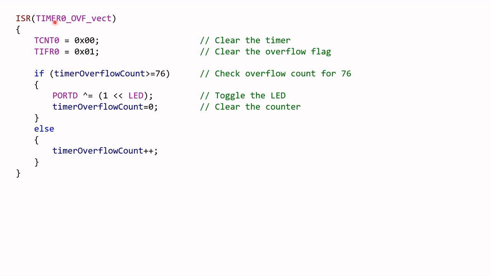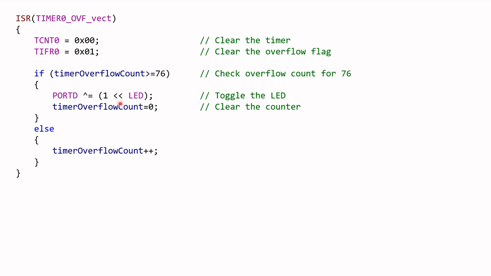It has to be exactly like this. If not, it won't work. And here we have the TC and T0. We clear the timer. Then we have the overflow flag, and we also clear the overflow flag. Then we check the timer overflow counter variable for 76.